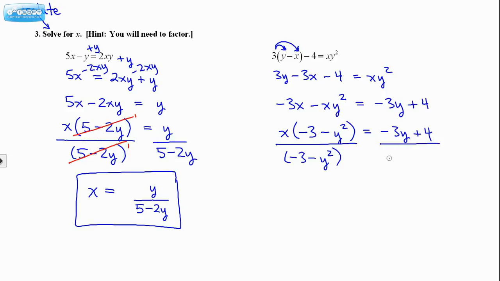Whatever you do to one side, you must do to the other. And of course, this cancels because it becomes 1 over 1. So at the end of the day, x is equal to negative 3y plus 4 over negative 3 minus y squared.